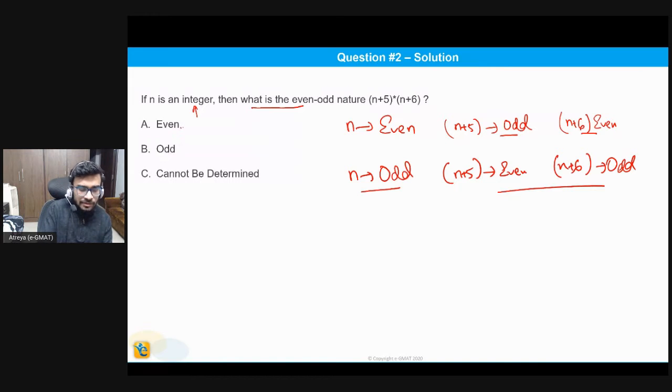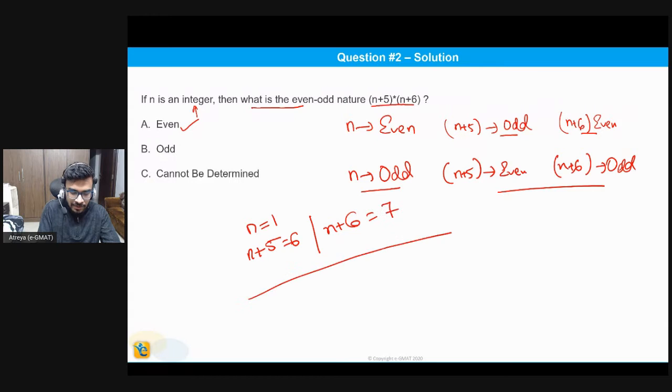So the answer for this question is option A, but there's one simple thing we also need to understand from this question. Now, you see that the two terms here are n plus 5 and n plus 6, which are essentially two consecutive terms in the number system, right? So if I, let's say, assume that n is equal to 1, the value of n plus 5 would be equal to 6, and the value of n plus 6 would be equal to 7.